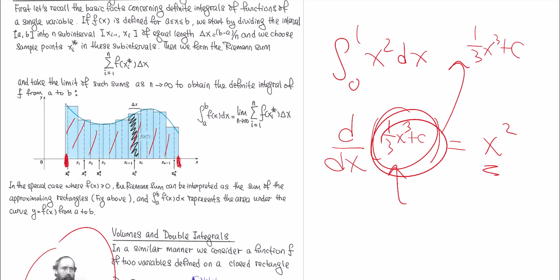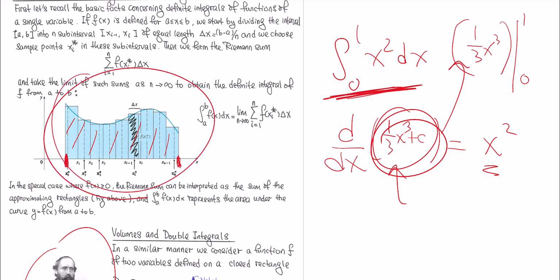So instead of evaluating using area approximations, you just do this. That shortcut is very important, because otherwise we cannot do integrals at all. We can do derivatives, but integration is so hard.